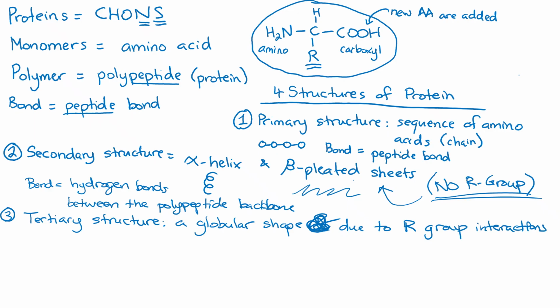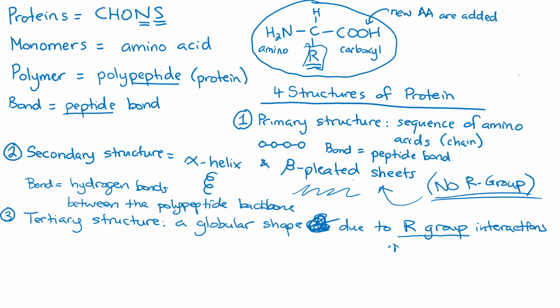So again, we need to know the very specific interactions, but before that, let's define the properties of the R groups found here in the 20 amino acids. Like I said, you don't have to know the 20 different amino acids, but you need to be able to categorize them in groups and then describe their bonds. So there are 4 groups you need to know.